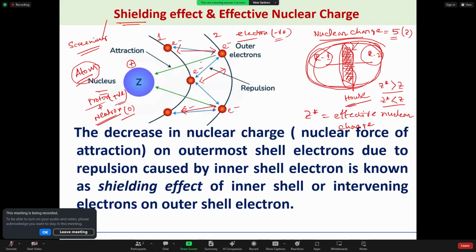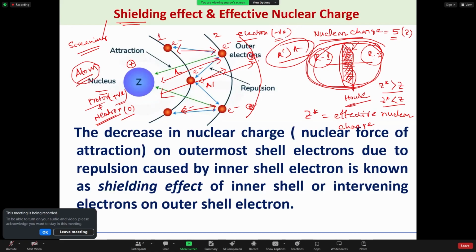When this distance increases, suppose due to this electron repulsion, these two electrons are present here now. So this is the distance A, and now the distance is A dash. So A dash is greater than A. So the distance is increased. When this distance is increased, then the attraction between this nucleus and these electrons will decrease.